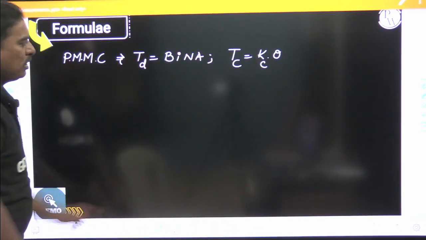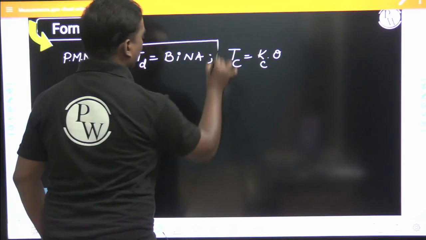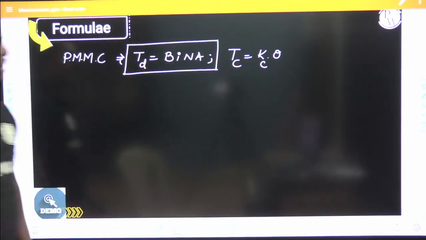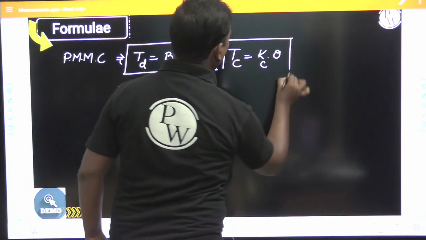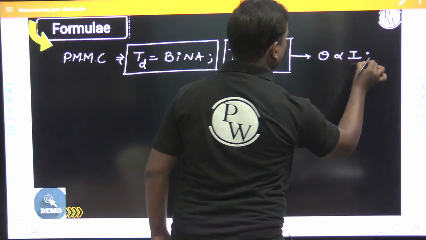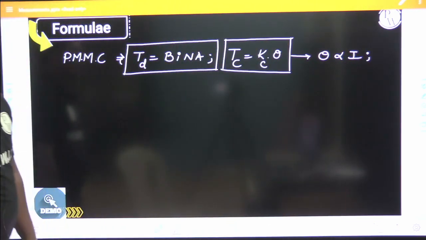So, this is the deflection torque formula and this is the controlling torque formula. All together, theta is proportional to the current.